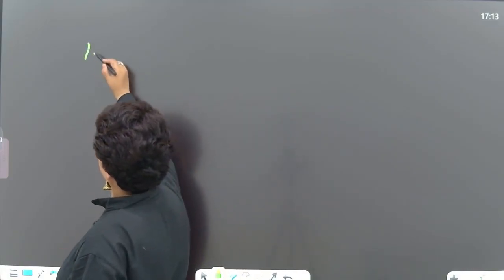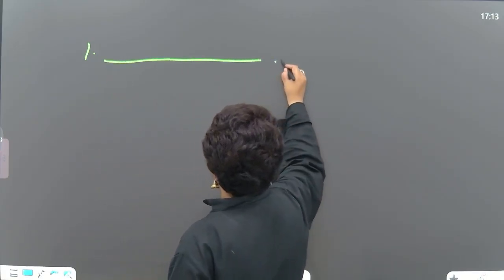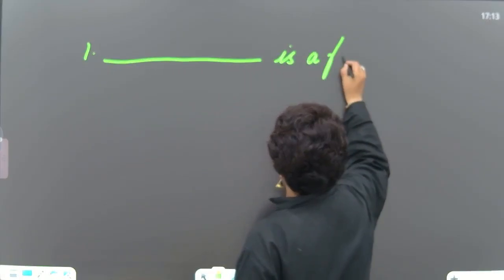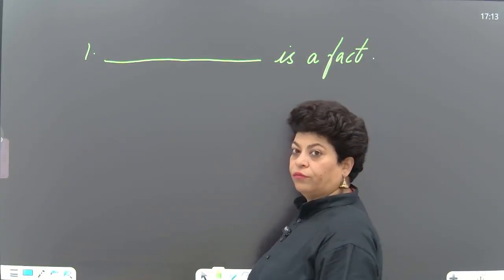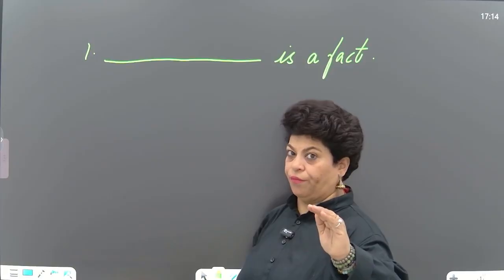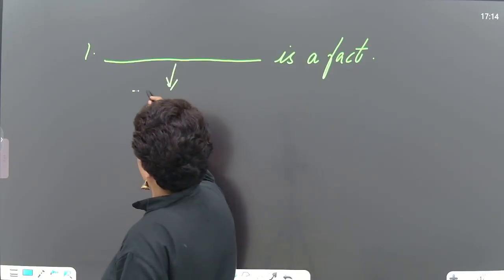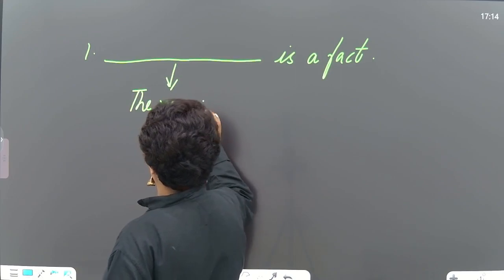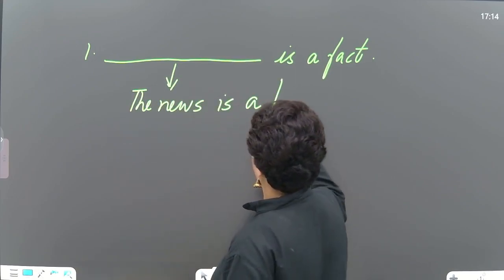So that means one subordinating conjunction which will be acting like a type of clause which can be considered using the conjunction that, etc. I take an example. Dash is a fact. Now, I take it into a very simple form. If I write, the news is a fact.